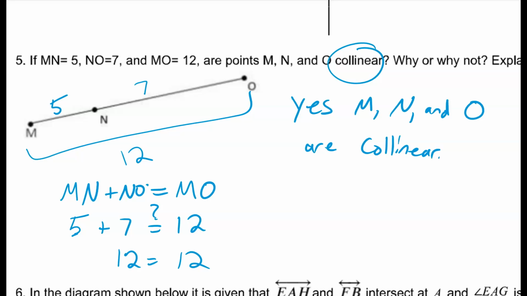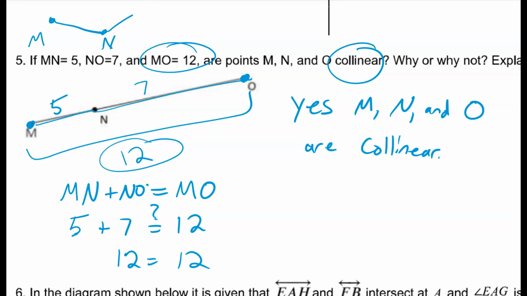And my reason being is that because the shortest distance between 2 points is a straight line segment, and they tell me what that line segment is, and the sum of the line segments in between them add to the full line segment, it must be the case that N is on the same line that connects M to O. So the big idea here is that there wasn't any detour coming from M to N back up to O, because the lengths are the same.